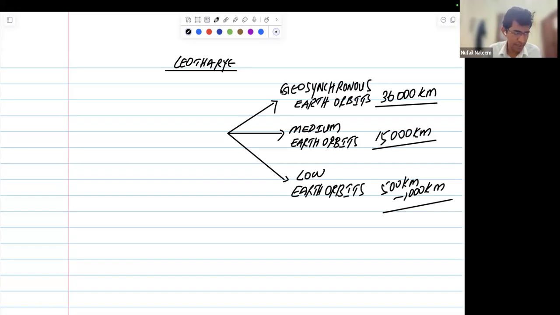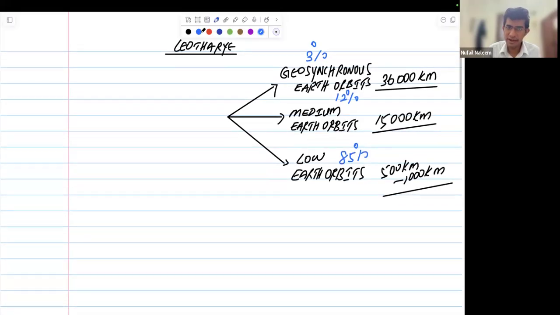Now, students, if you observe the market share, this is 3%, this is 12%, and this is 85%. That means the low Earth orbit has the highest market share. Students, keep in mind. Now, if you observe our business, where are we?